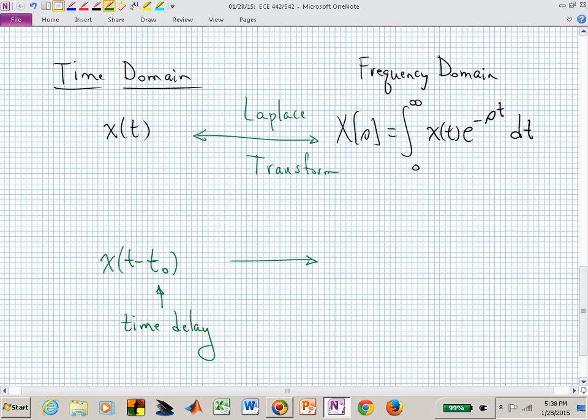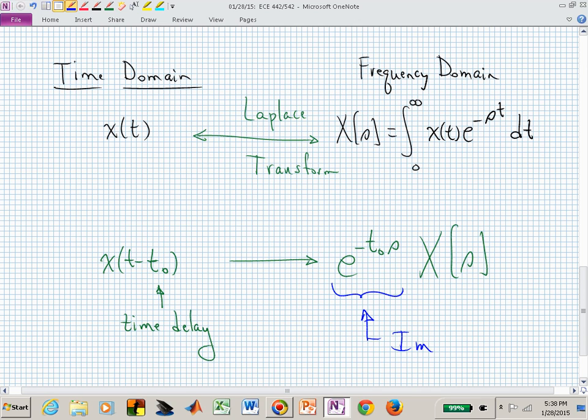This now becomes e to the minus t sub 0 s capital X of s. The impact of this delay in the time domain becomes a weighting of capital X of s by this scaling factor, which is a complex exponential.